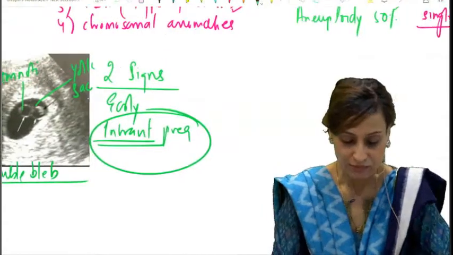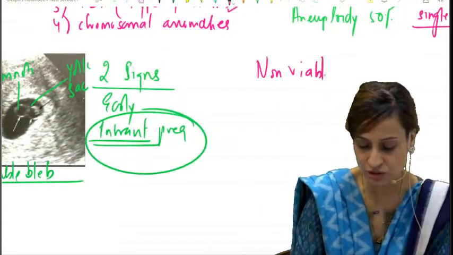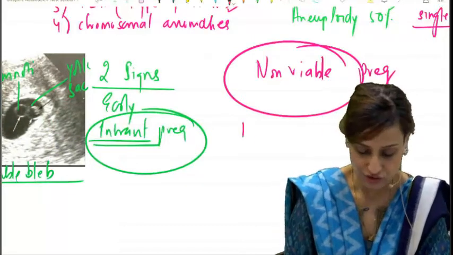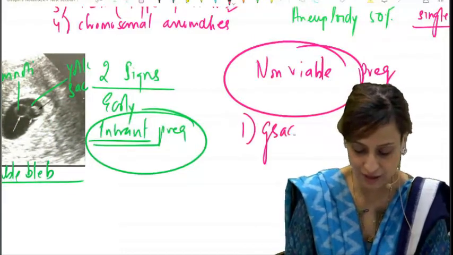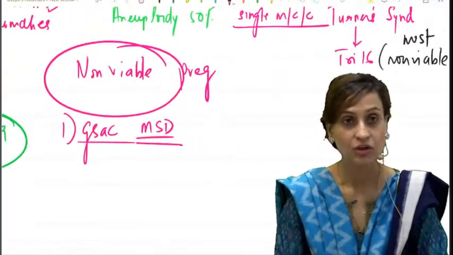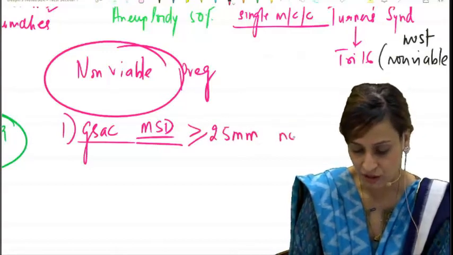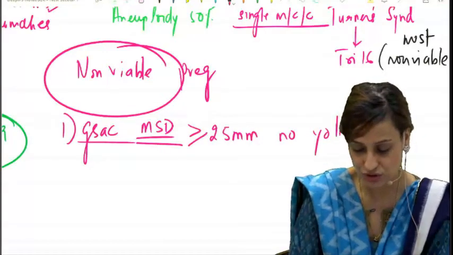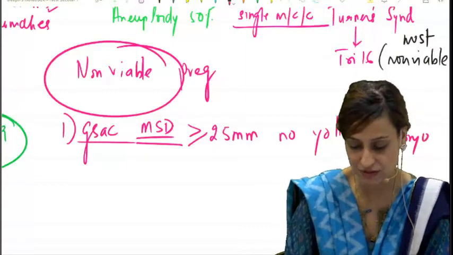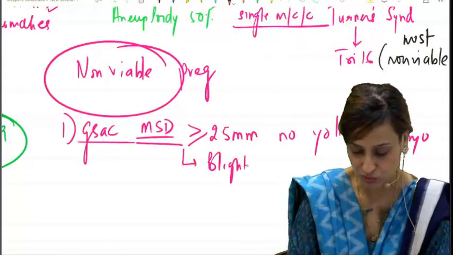Please remember the criteria on when you will say it is an abortion or a non-viable pregnancy, right? So first is, if you're seeing a G-sac, measure the mean sac diameter. A mean sac diameter of more than or equal to 25 mm, but if it has no yolk sac or embryo inside, then this is a non-viable pregnancy, which is called blighted ovum, right?